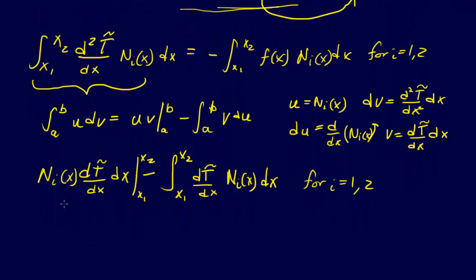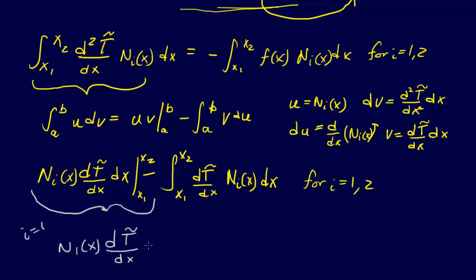Now let's write it. The first thing I'm going to work on here, let's get a different color so we can see what we're working on, is this part right here. So Ni of x dt squiggly dx, let's do it for i equals 1. So N1 of x dt squiggly dx, evaluated from x1 to x2.